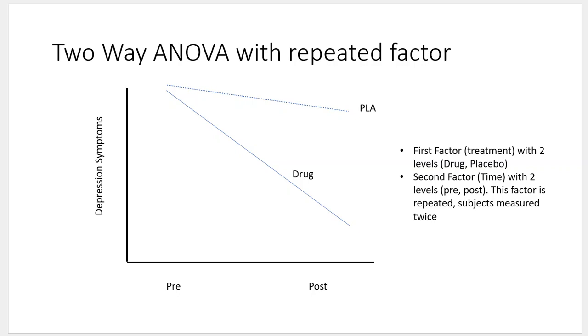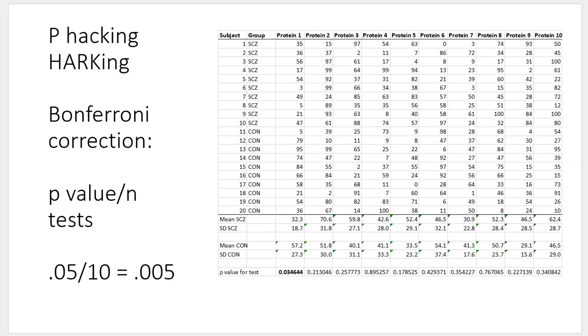And what we're interested in is whether the slope pre to post in the drug group goes down faster, or the difference in the slopes is significantly different. And that tells us that the drug is making people better much faster than the placebo. So almost all studies contain a graph that looks something like this, and that's how you interpret it.